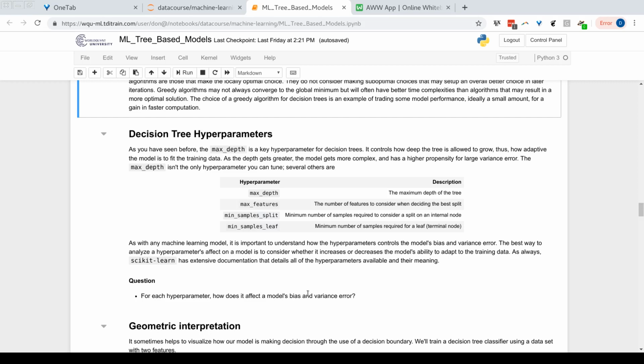As this minimum number increases, more and more internal nodes cannot be split further. So the depth of the tree is going to be stunted at that point. It's not going to be able to grow, and since we're not allowing our model to grow, it's not going to be as adaptive. So increasing the min sample split will push the model more to the underfitting side than the overfitting side.